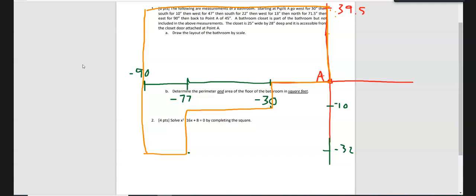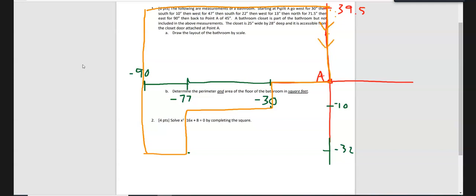You dropped south for 10, south for 22, that's negative 32. Then back north for 71.5. Let me try that. Negative 32 plus 71.5 is 39.5.